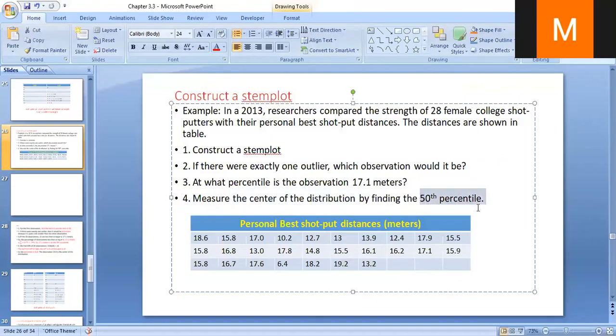When you want to find it, you multiply 50%, which is 0.5, by the 28 people, the total is 28. That's 14. And then you count until the 14th, and you will get the percentile value.